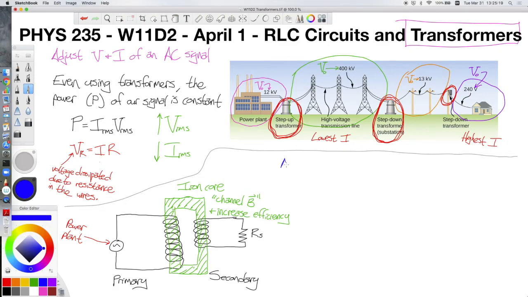One of them is that the number of turns matters. Basically, how many loops each of these inductors makes. So the primary coil will have a number of loops that we'll call N_P, N primary. And the secondary coil will have a number of coils equal to N sub S, the number of coils in the secondary circuit.